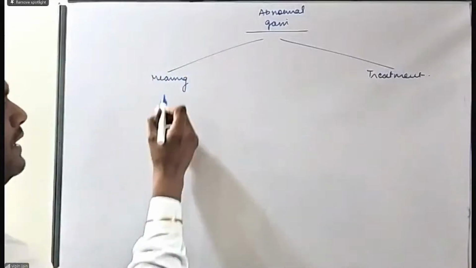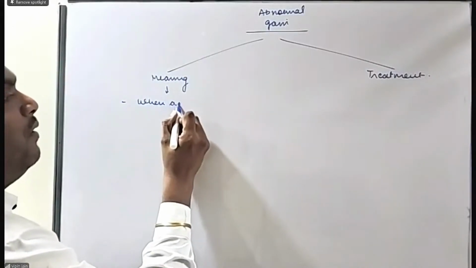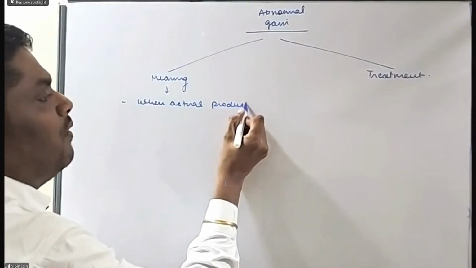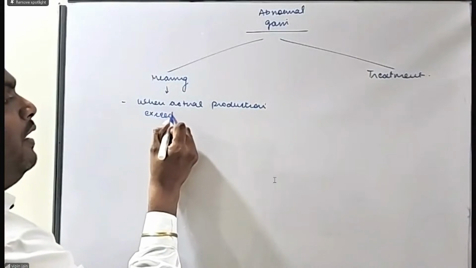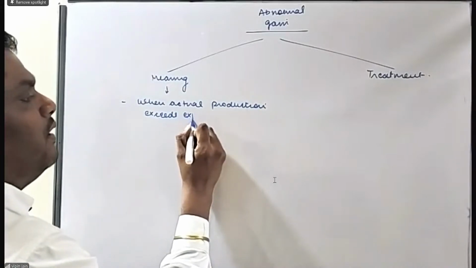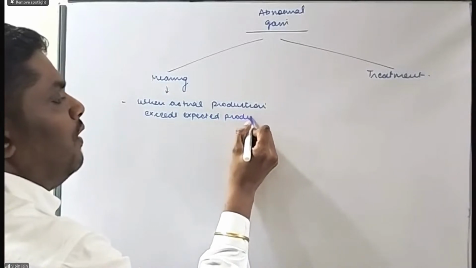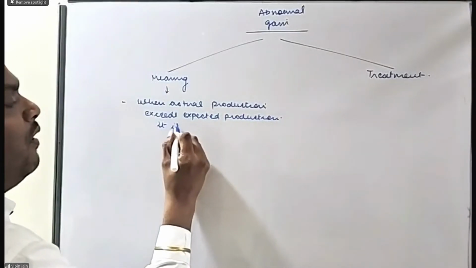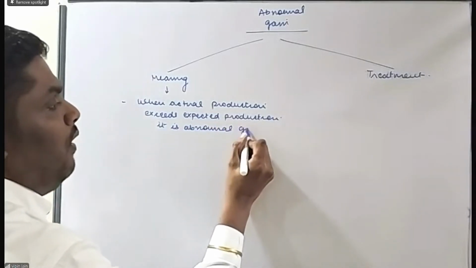So what is abnormal gain? When actual production exceeds expected production, it is abnormal gain.